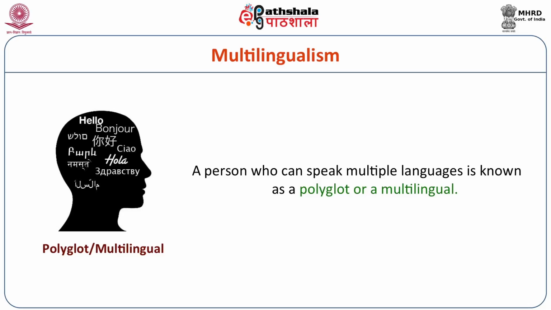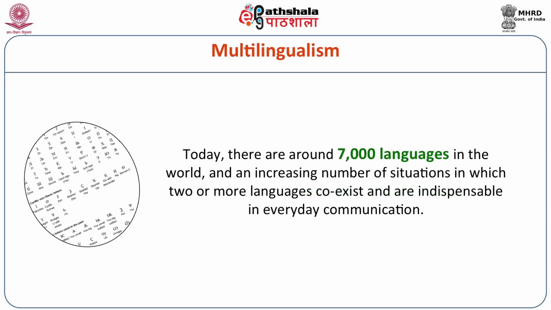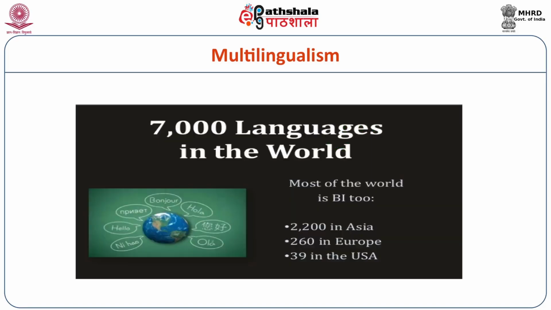A person who can speak multiple languages is known as multilingual, or another word for him is polyglot. Today, there are around 7,000 languages in the world and an increasing number of situations in which two or more languages coexist and are indispensable in everyday communication.